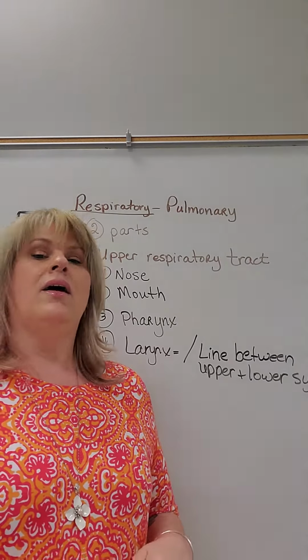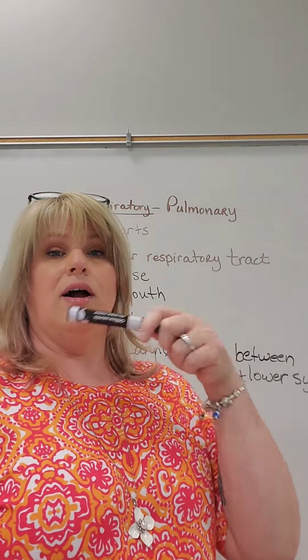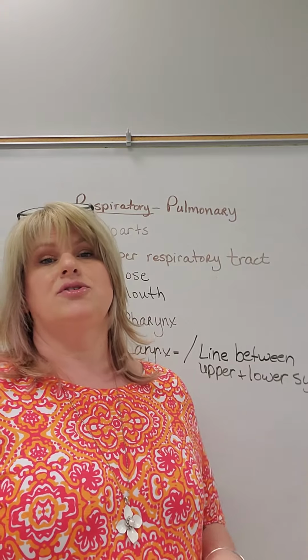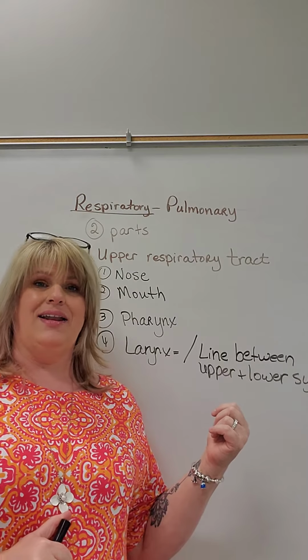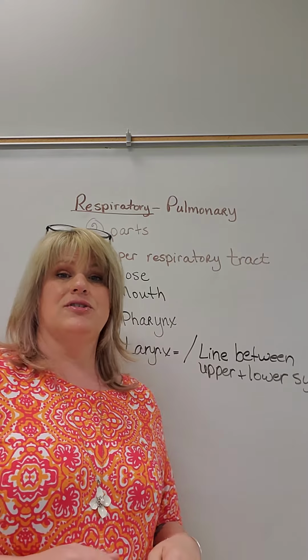Okay, so the larynx is the dividing line between your upper and your lower respiratory system. We'll talk about why that area is special, but let's talk about the upper first.